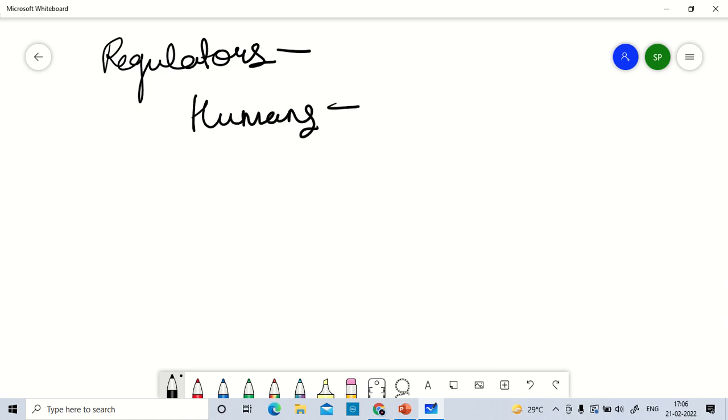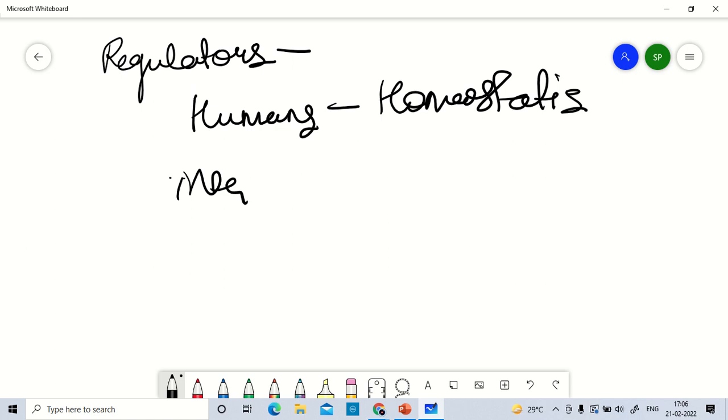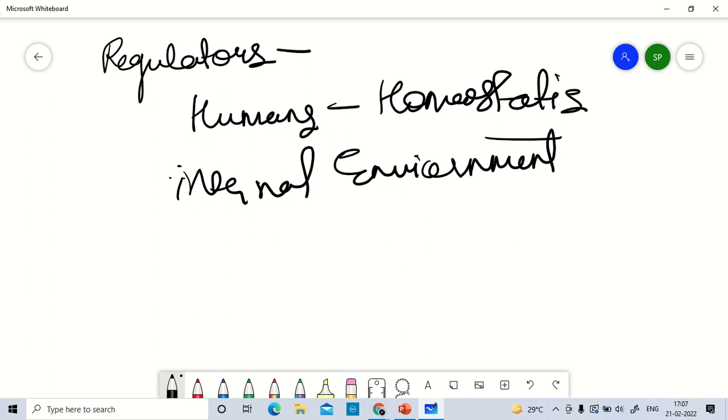We perform homeostasis, so we can keep our internal environment constant no matter what. Whether we go to the desert in Rajasthan, or to Antarctica, or Kashmir or wherever, our internal environment is always the same.